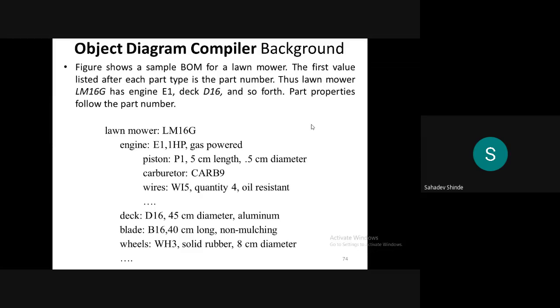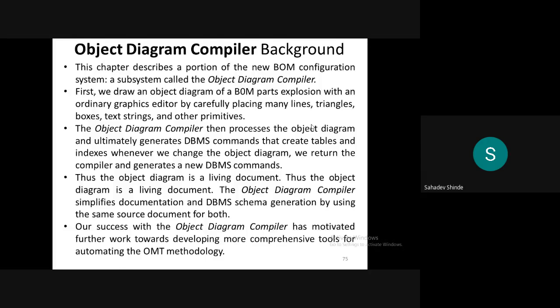So the lawnmower LM16G, engine E1, single HP gas powered, piston P1, 5 centimeter length, 5 centimeter diameter, carburetor, that is the carburetor B9, wires W15, quantity 4, oil resistant, that is the deck D16, 45 centimeter diameter, aluminum, blade B16, 40 centimeter long, non-mulching, wheels WS3, solid rubber 8 centimeter diameter.